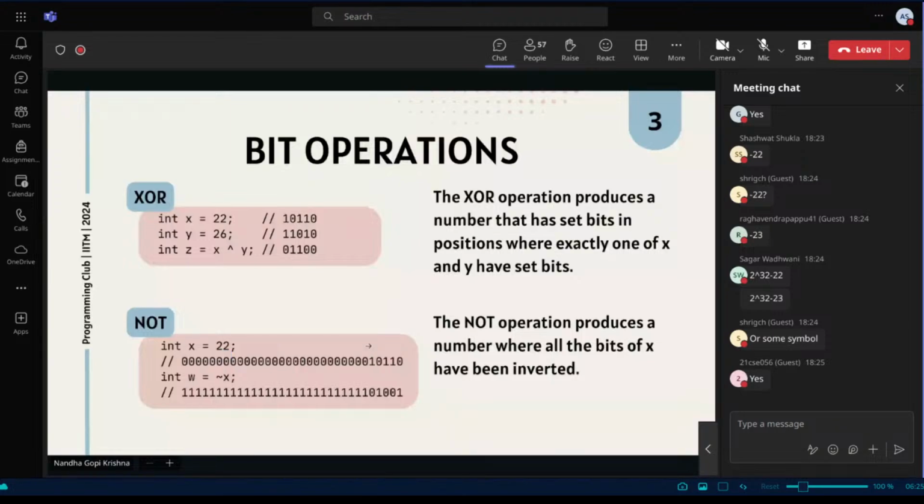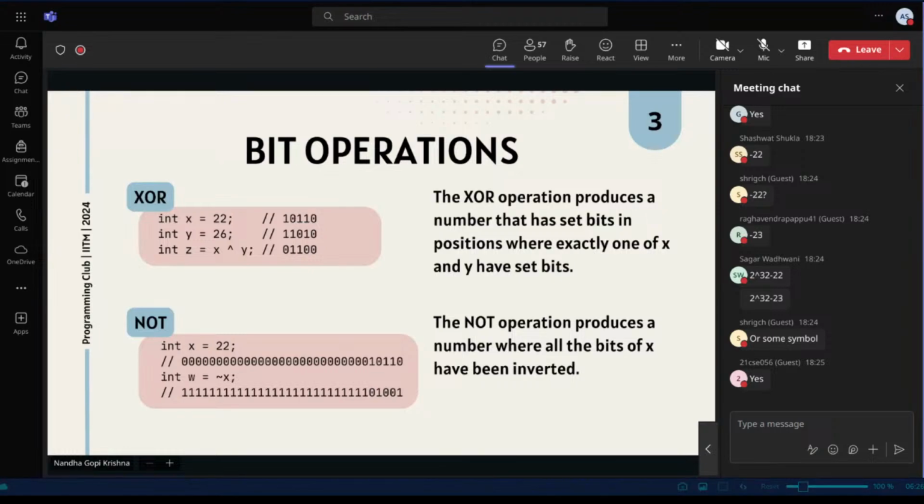This is how negative numbers are represented. Essentially, this leftmost bit, as you can see here, will be 0 for positive numbers and will be set to 1 for negative numbers. And that is how the sign is indicated.